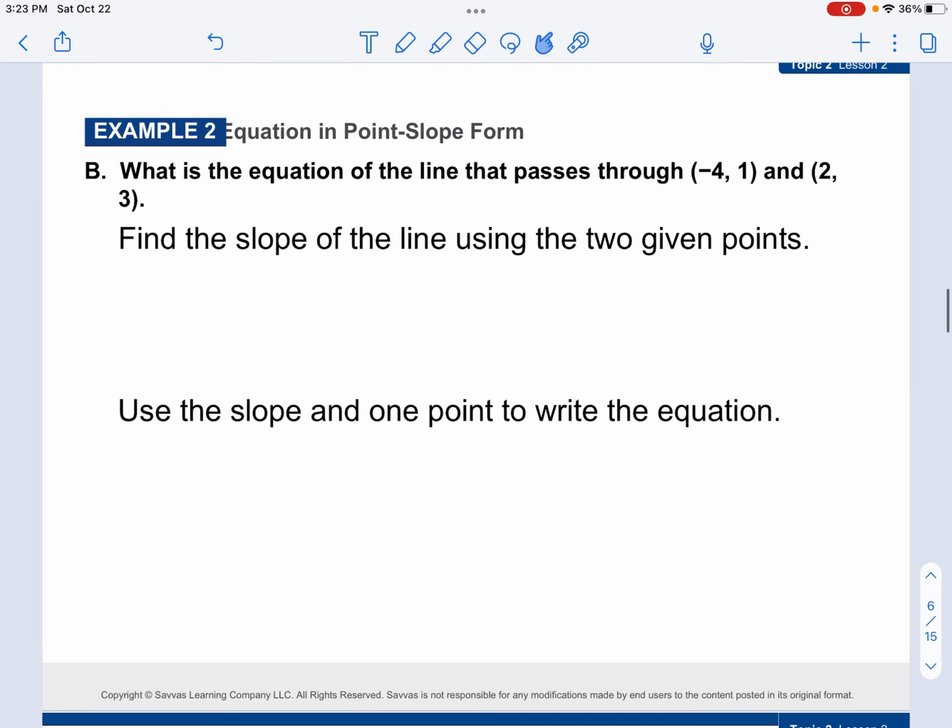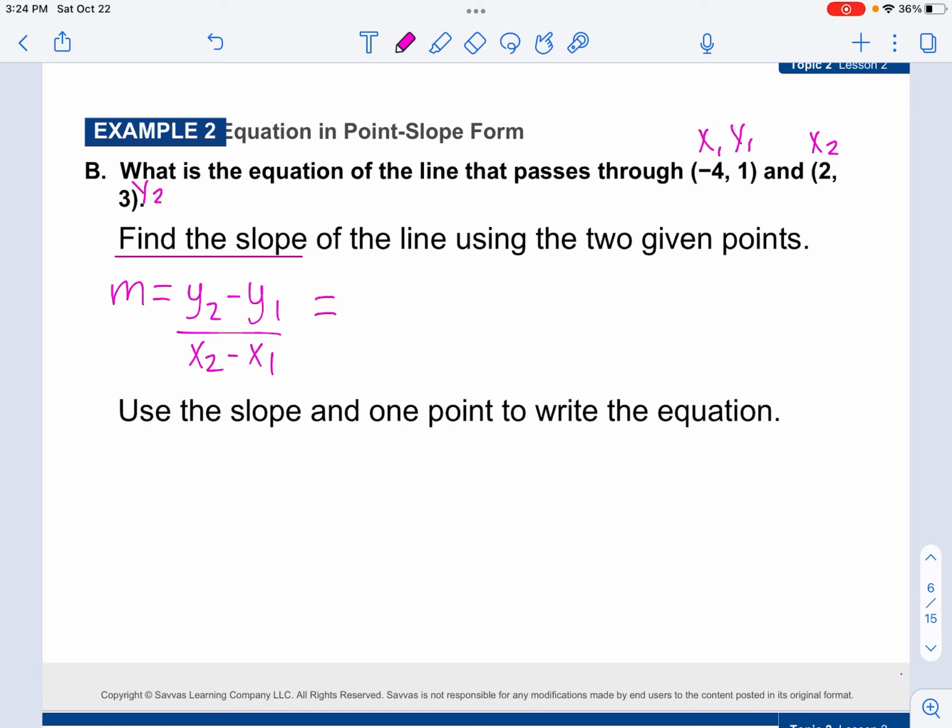Example 2, what is the equation of the line passing through these 2 points? So here, the first thing you're going to do is find the slope. Remember the formula for your slope is y2 minus y1 over x2 minus x1, where your first point is going to represent your x1, y1, and your second point is going to represent your x2, y2.